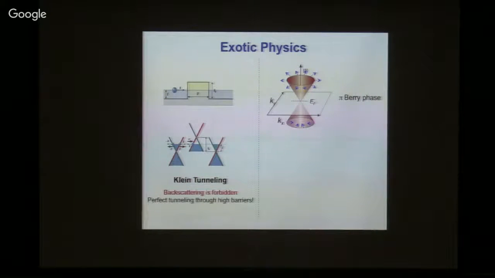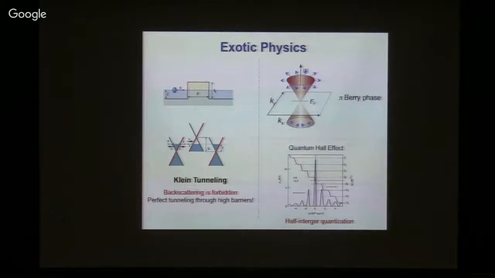And this Berry phase really leads to the so-called anomalous quantum Hall behavior in graphene, where the Hall conductance is quantized at half integer value because it's shifted by this pi Berry phase rather than a regular integer quantized Hall effect.